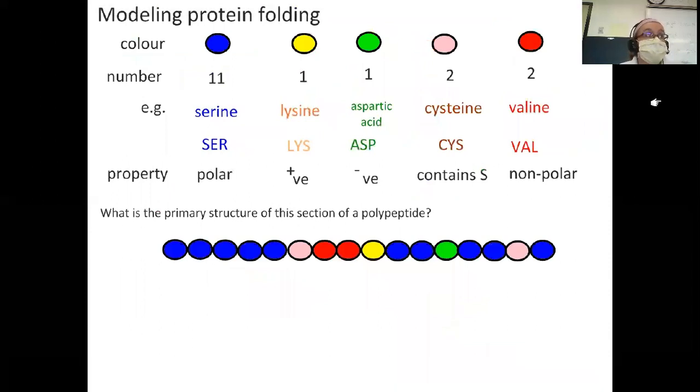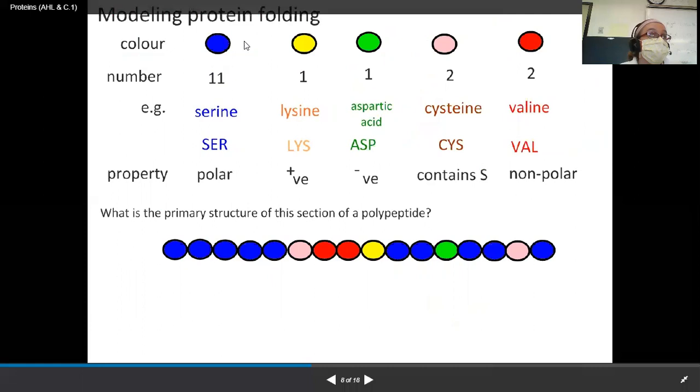This is just a very, very small example to show you. If these are our amino acids here, here are the names, here are their abbreviations, and then here are their properties just briefly: positive, negative, sulfur, nonpolar, polar. Then here's a primary structure. If you were to read this, you'd say serine, serine, serine, serine, serine, lysine, valine, valine, okay, and on. And notice you can have repeating subunits, that's okay.